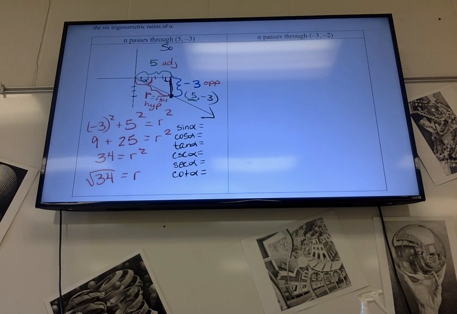Remember SOHCAHTOA. So that's helping us figure out what goes where.